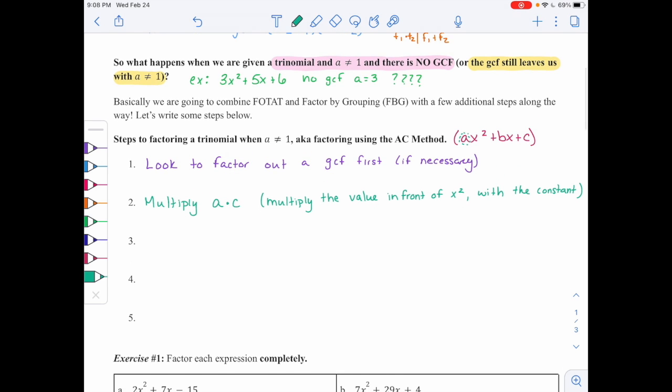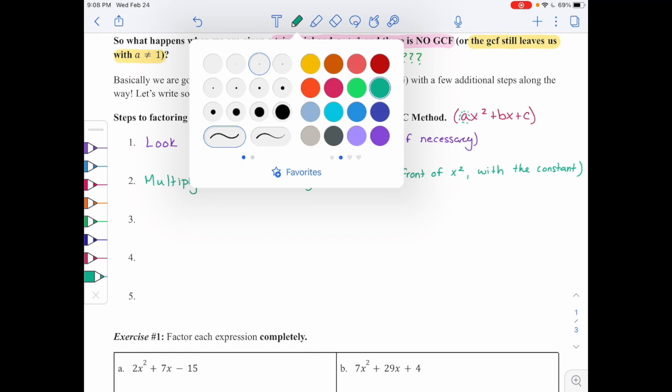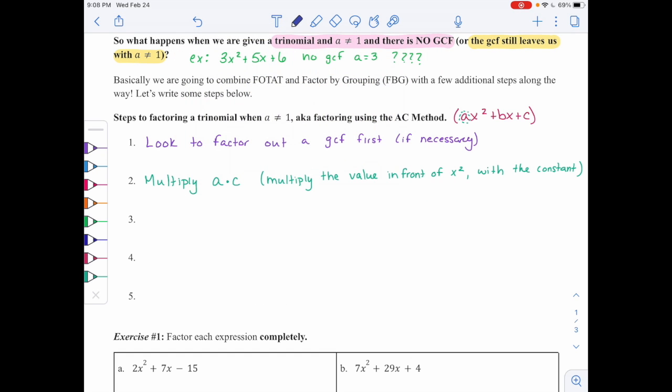And this is where what we know comes in. So now we're going to use FOTAT, but we're just going to tweak it just a little bit. So step 3 is going to be apply FOTAT. But now we're looking for factors of AC. So before it used to just be factors of C, now it's factors of AC.